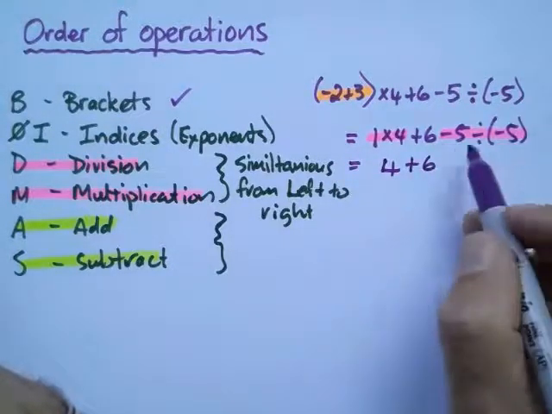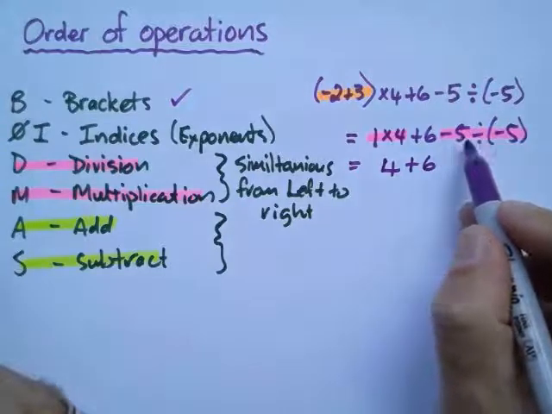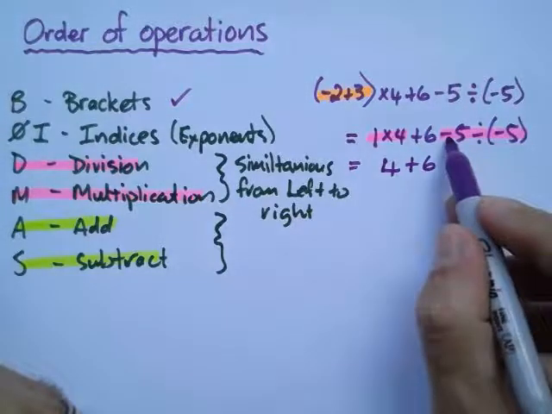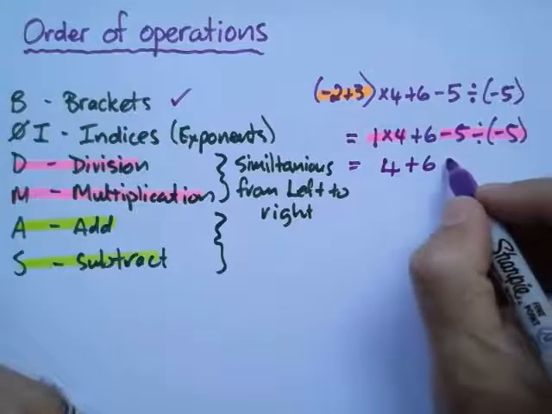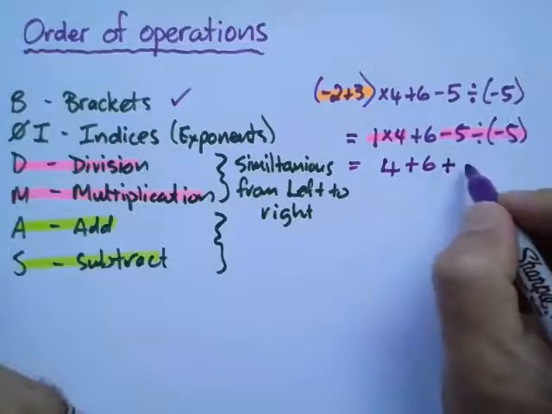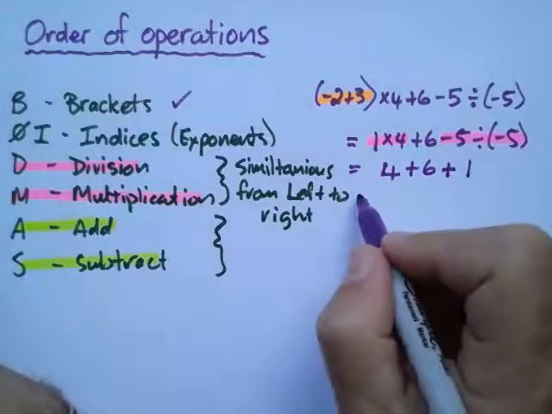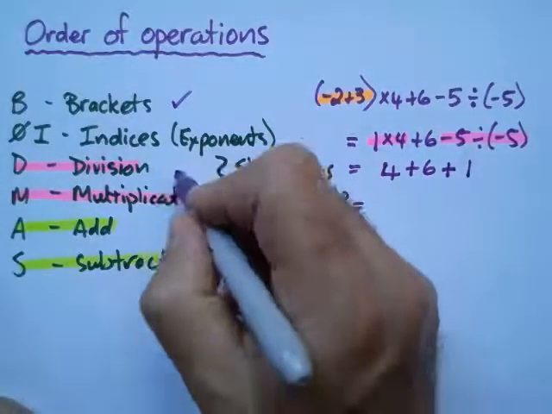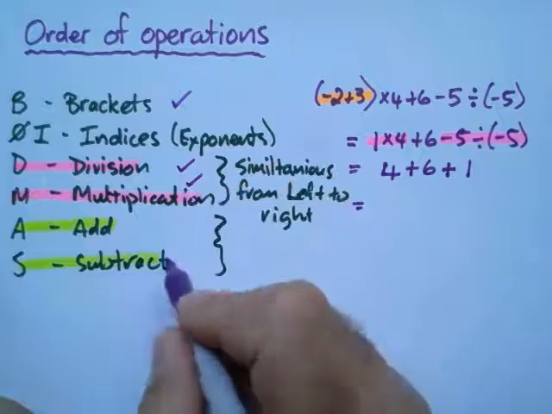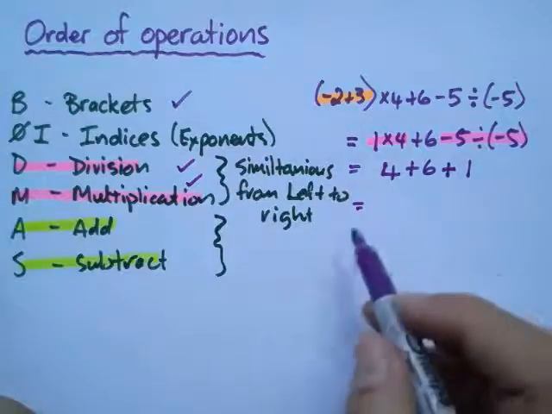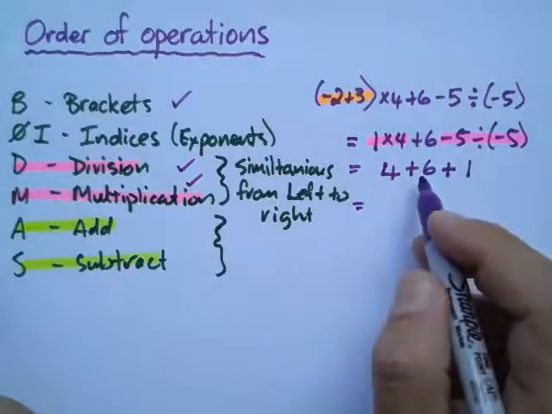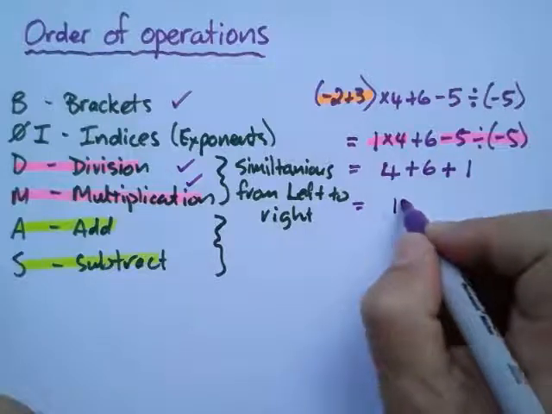Plus 6. Now we have -5 divide by -5. A negative divided by a negative is positive. 5 divided by 5 is 1. So multiplication and division are done. Now we're going to add and subtract from left to right. 4 plus 6 is 10, plus 1 is 11.